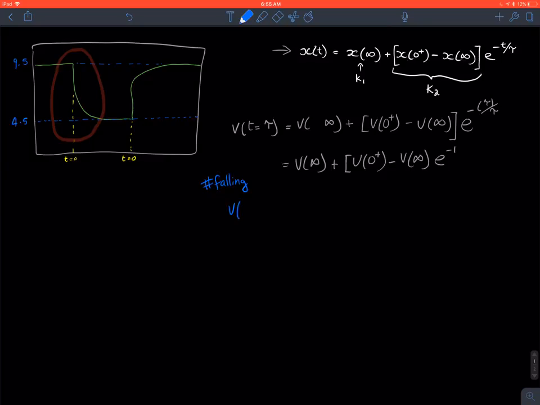And we'll say v of tau is equal to v of infinity. So infinity, when it's falling, is your lower value. So that will be 4.5. And then we'll just basically crank out the arithmetic here. So v of 0 is where you started, so that's going to be 9.5. And then you're going to subtract that from 4.5.